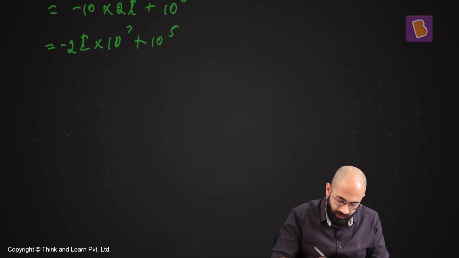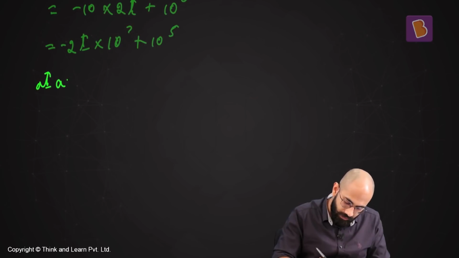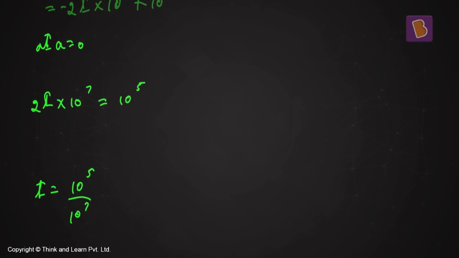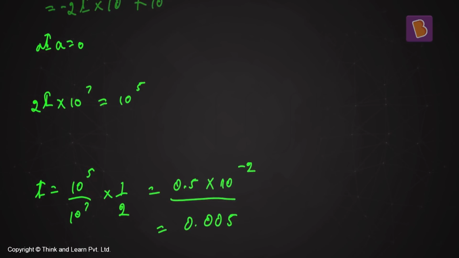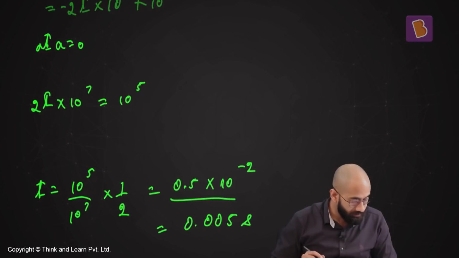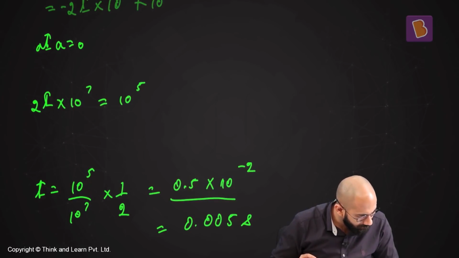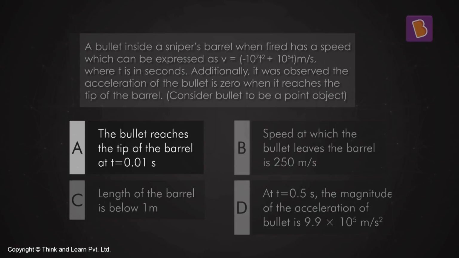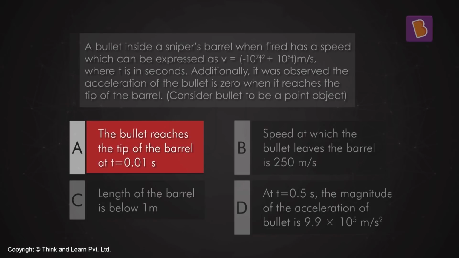We get, at a equals 0, the option says that the bullet reaches the tip of the barrel at t equals 0.01 seconds, which means that's wrong. Option A is wrong, right?